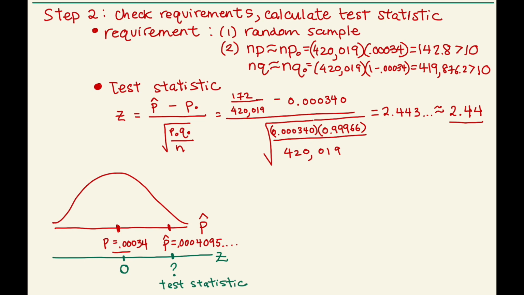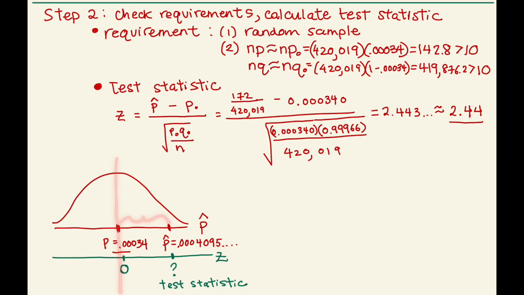So let's take a moment to interpret the test statistic, which is just the z-score. It's basically telling me that in the null distribution, so this is the distribution of sample proportions assuming that the null hypothesis is true, the sample data that we got, 172 divided by 420,019, is 2.44 standard deviations above the mean.